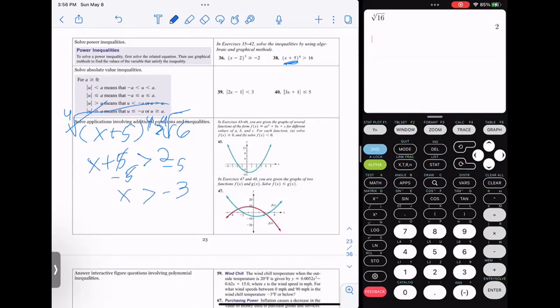Oh, I forgot something. When we took the fourth root of both sides, we need to add a plus or minus 2 over here. So one of them is -3. What would the other value of x be? 7. Right, and we flip the signs when we do -7. You see why?